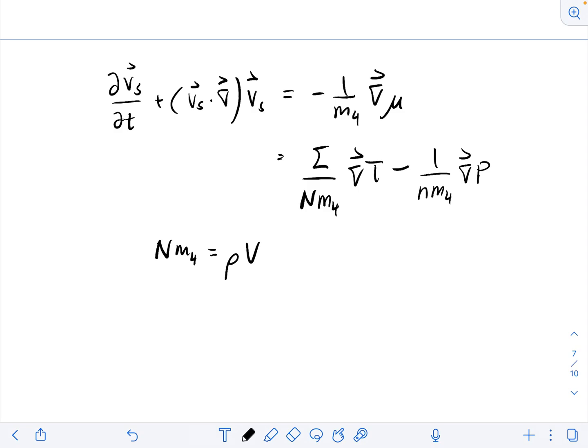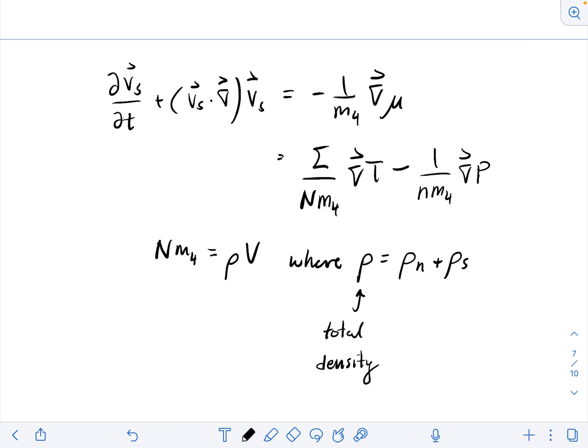Where the density rho is equal to the total density, which includes both the normal fluid particles and the superfluid particles in the two-fluid model. And so rho here represents the total density, because n times the mass of a helium atom has to represent the total mass of our system.